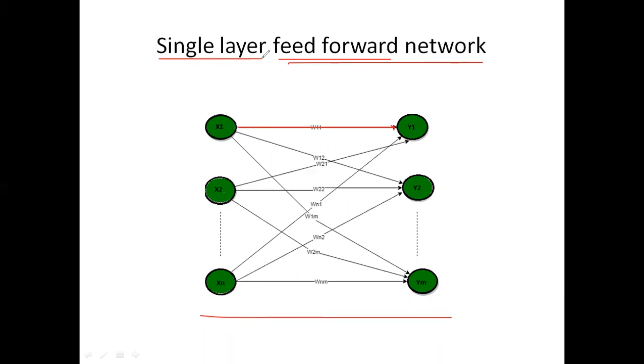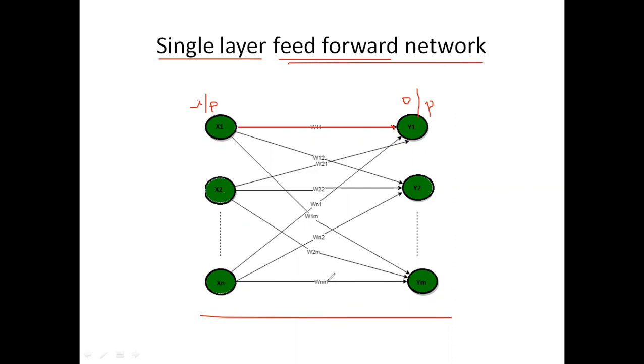Why are we calling this network a single layer? This one is the input layer and this is the output layer. In a single layer network, we have only two layers: one is the input layer, the second one is the output layer.